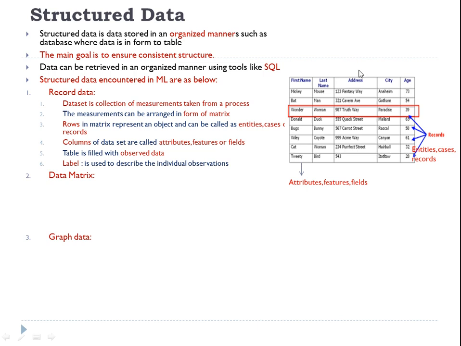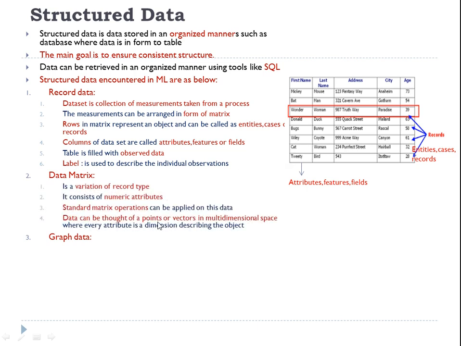Suppose in this case I have first name, last name, address, city, age. Suppose I have another column called the name of a person. Now the name of the person would be the label. In the example of flowers, the name of the flower, iris setosa or petunia, can be used as a label which is used to describe the individual observation.